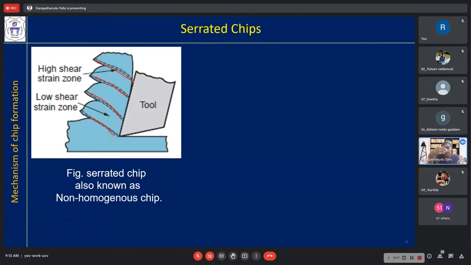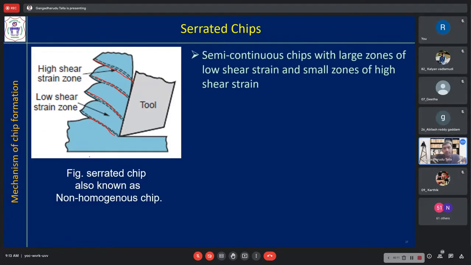It is a part of the chip only. It is one kind of chip in between the continuous chip and discontinuous chip. Finally, it is coming like a continuous chip only. So this type of chip is called a serrated chip. We will see this kind of chip. It is semi-continuous, in between continuous and discontinuous. Chips with large zones of low shear strain and small zones of high shear strain.